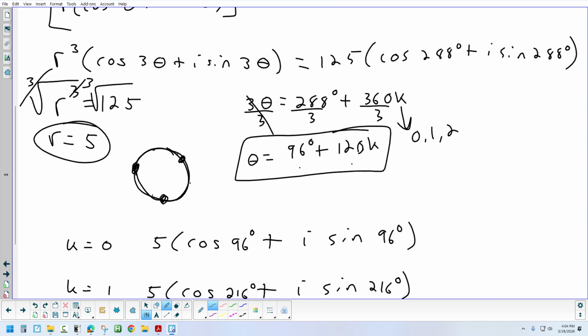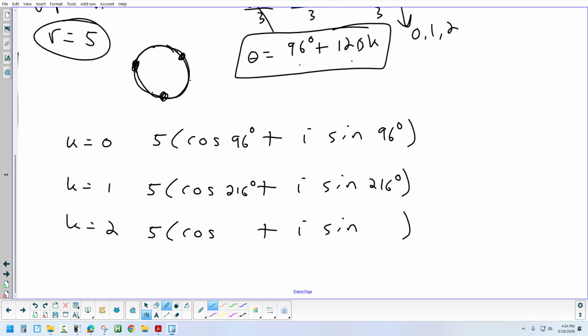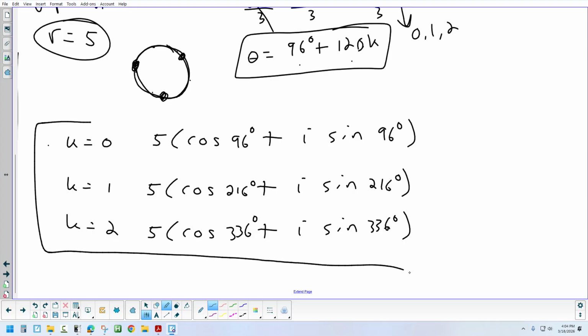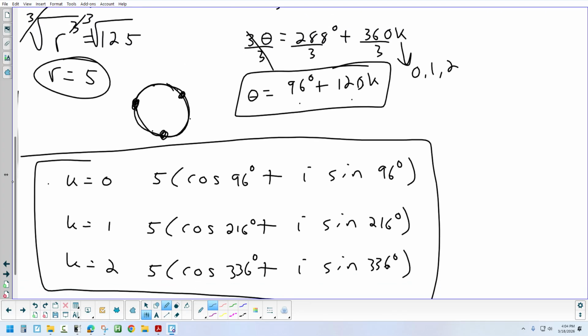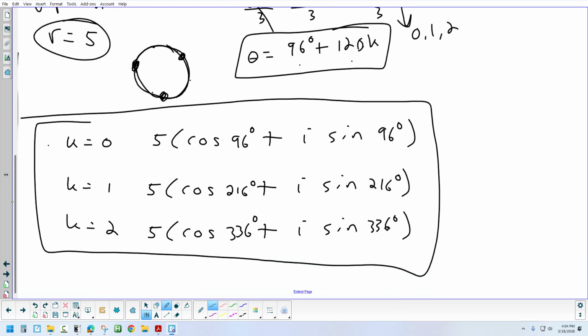Yep. And that's where you should stop. If you accidentally did k equals 3, you would be repeating your first answer. So those are the 3 answers to the problem, and they are in trig form. None of those would be nice in standard form because these are not multiples of 30 or 45.